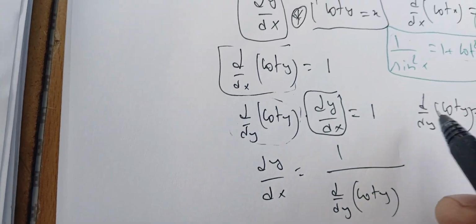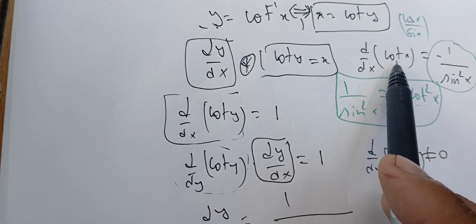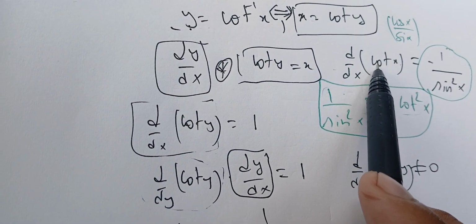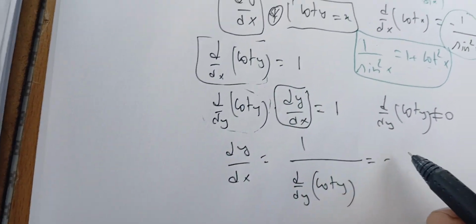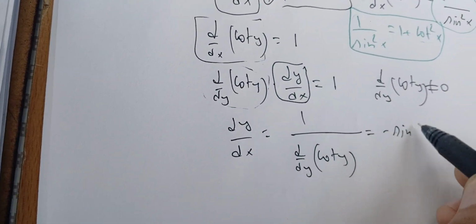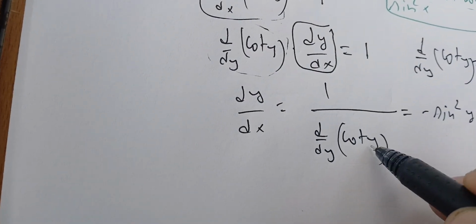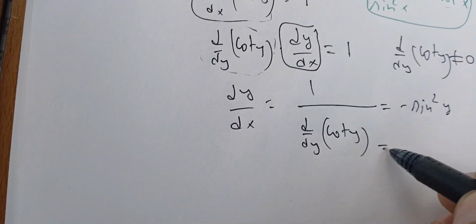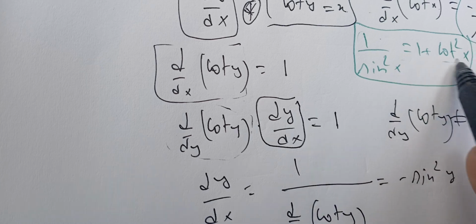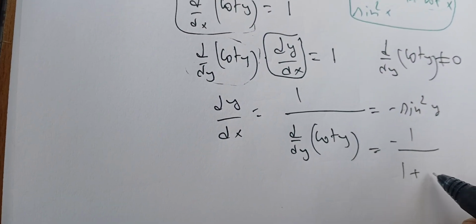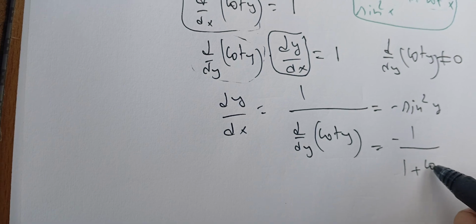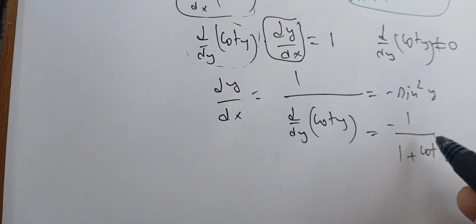But here, we proved this one for x. So in this case, we're going to have minus 1 over sine squared of y, okay, because we have y here, we don't have the x. But this one, using this result here, will give us minus 1 over 1 plus cotangent squared of y, okay?